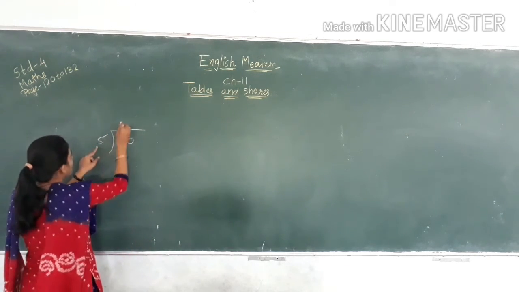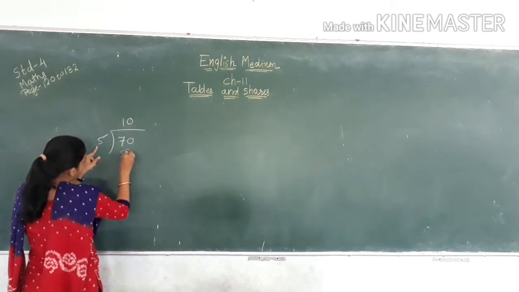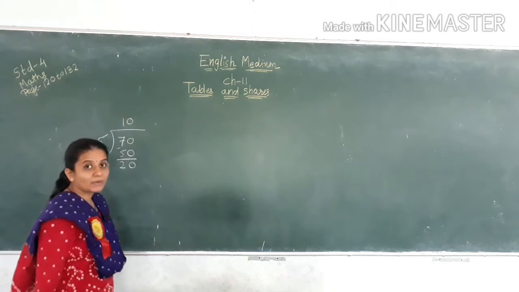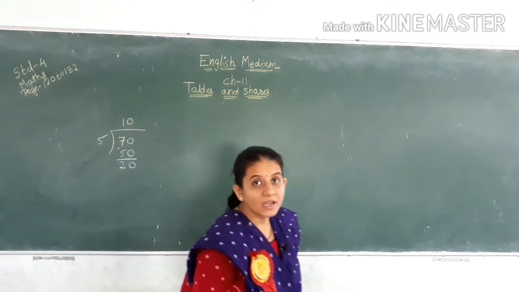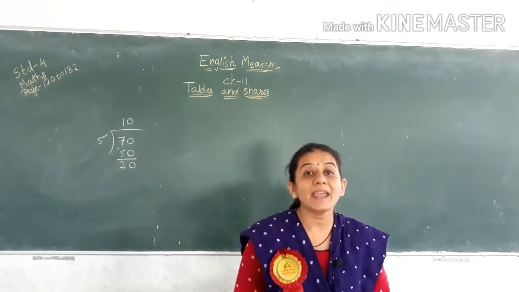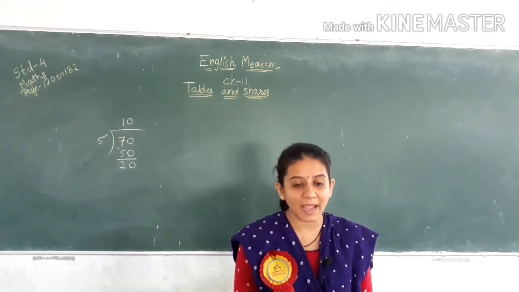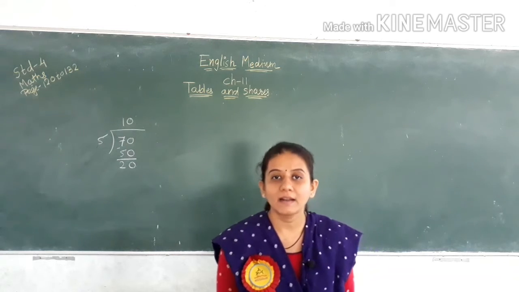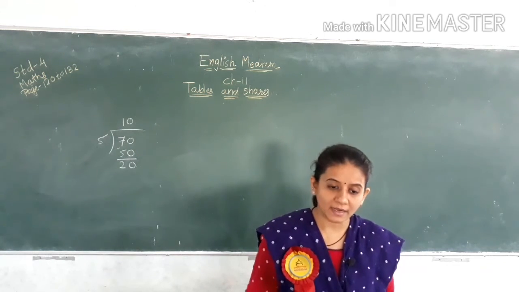That means 5 tens are 50. I have distributed 5 multiplied by 10 is equal to 50 rupees. 20 rupees are left.